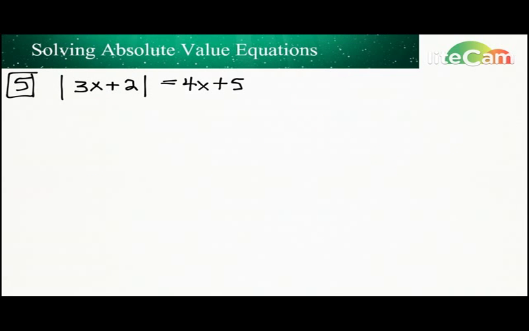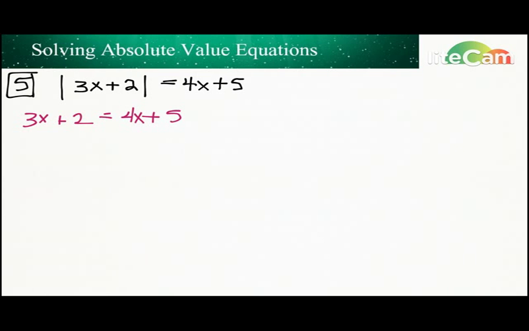Okay. So again, we're going to set up our equation just like we've done before. One of them has to be positive and one of them has to be negative. So let's do 3x plus 2 equals 4x plus 5.